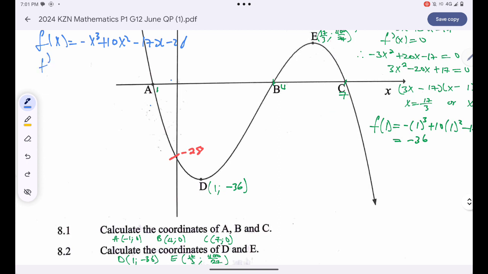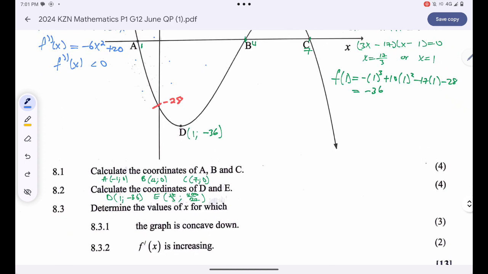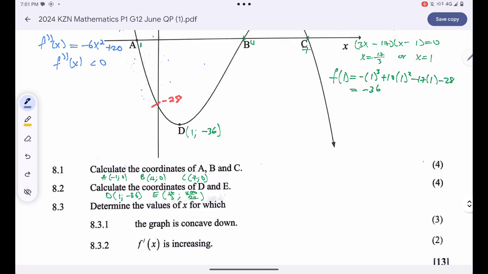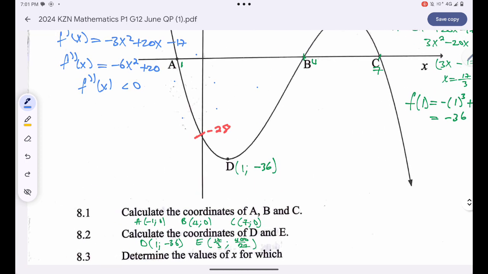And then my first derivative will simply be -3x² + 20x - 17. Therefore, my second derivative is basically equal to -6x + 20. My second derivative is less than 0, guys. For concave down, always make sure that your second derivative is less than 0. Then solve for the inequality.